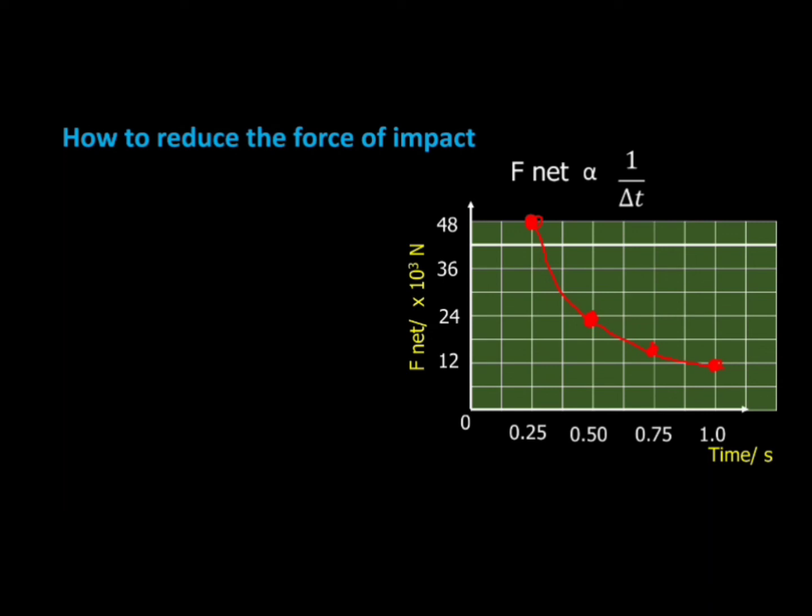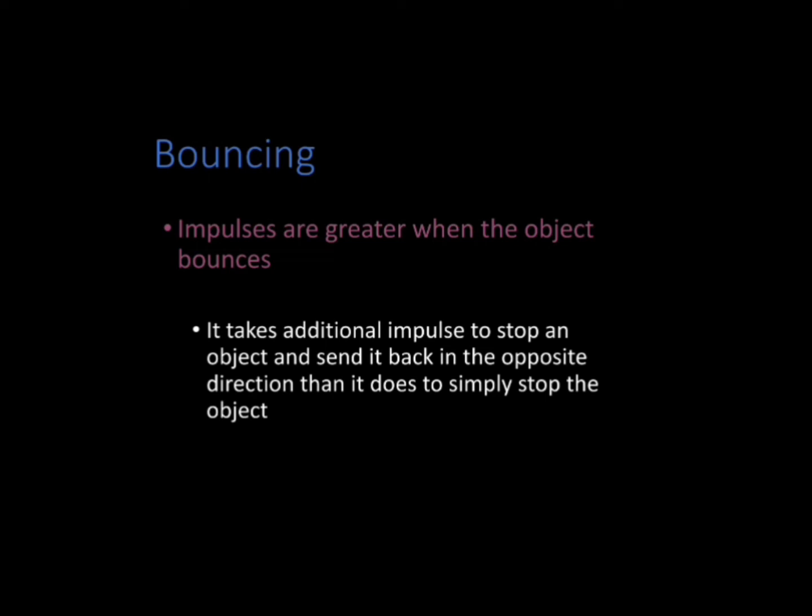In the case of bouncing an object, impulses are greater when the object bounces. So when you land on a rigid object, you bounce off. And that is why the risk of injury is much greater, because the rigid object makes you bounce off its surface, and it takes an additional impulse to stop an object and send it back in the opposite direction than it does to simply stop the object.